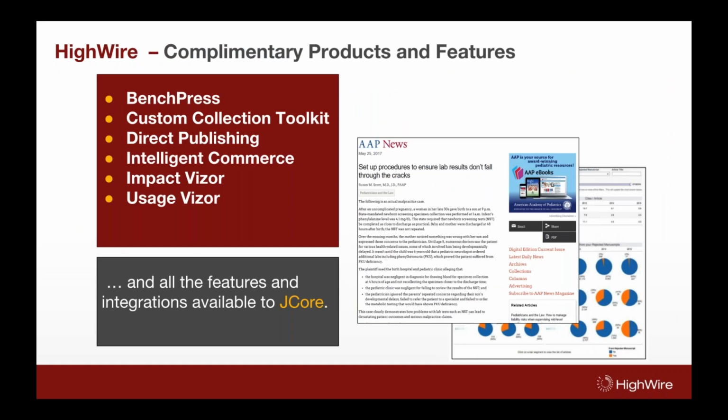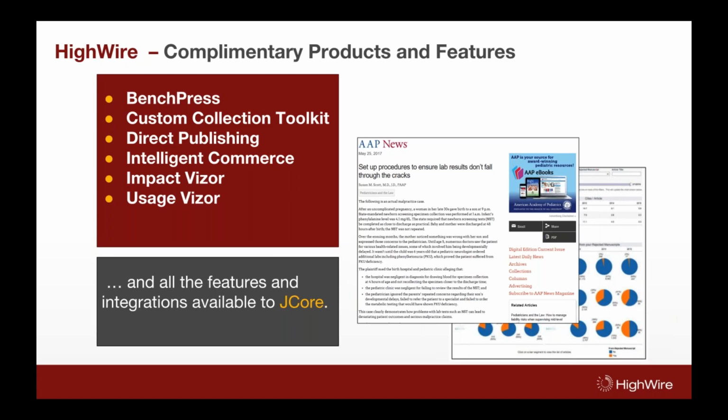We also have a set of complementary products and features. These are HighWire based tools. So if you wanted to have BenchPress for doing submission management for your meeting abstracts, we have options for you. We can build content within Custom Collection Toolkit.